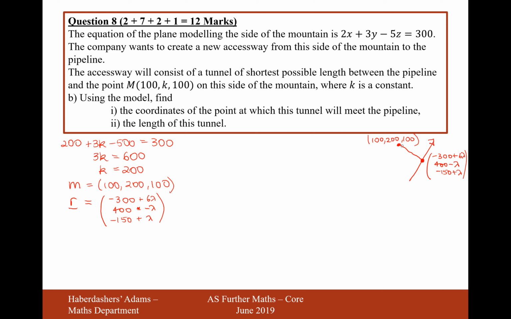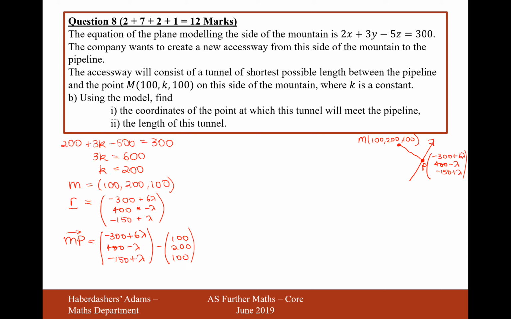Now, first of all, it would be helpful to work out the direction vector from one point to another. So what I'll now do is, if I call this point M, I'll refer to this as point P. So if I now work out the vector from M to P, then that's going to be (-300 plus 6 lambda, 400 minus lambda, -150 plus lambda) minus (100, 200, 100).